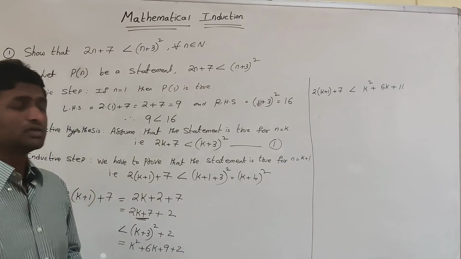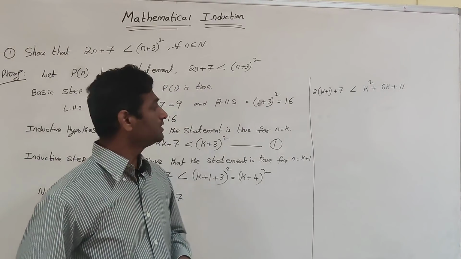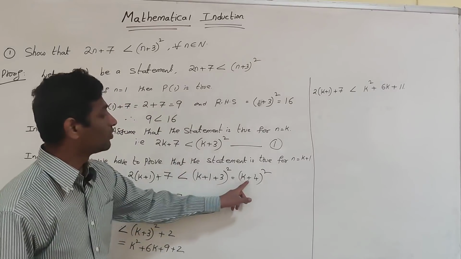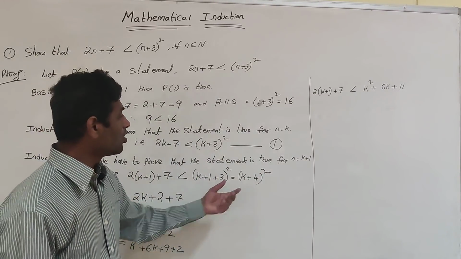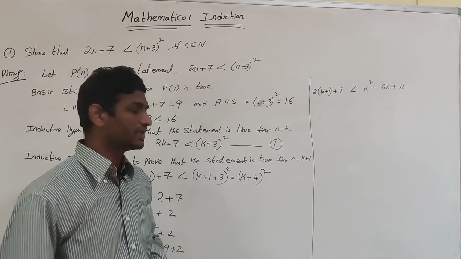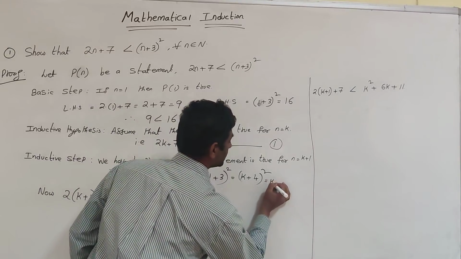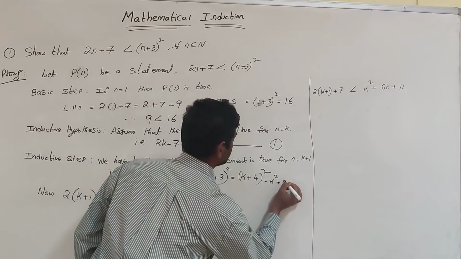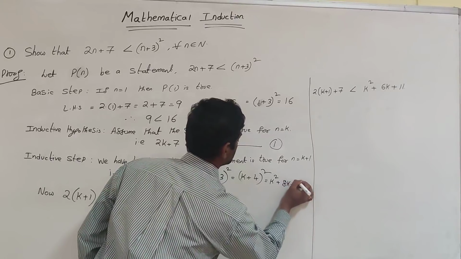But our actual goal is (k plus 4) whole square, and you know the expansion of (k plus 4) whole square: k square plus 8k plus 16.